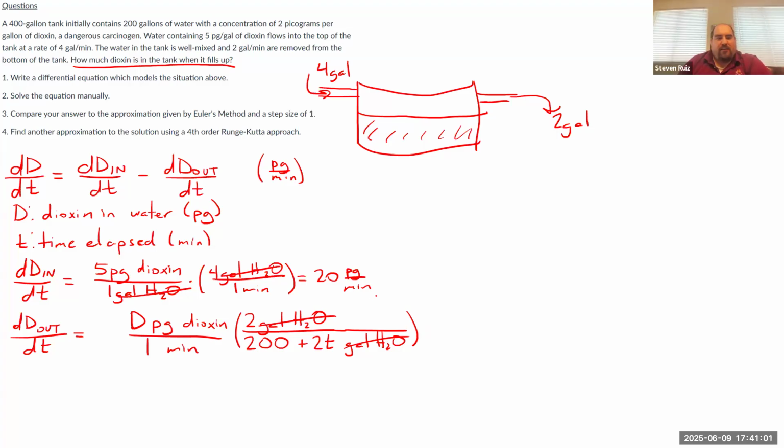Now it's a matter of cleaning up my equation here. So dD/dt equals what? 20 minus 2D over 200 plus 2t.